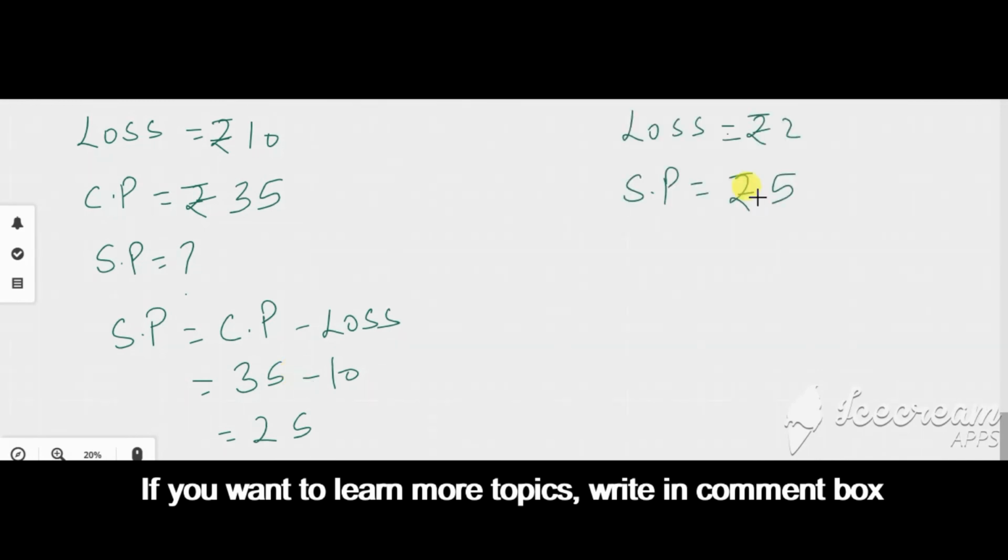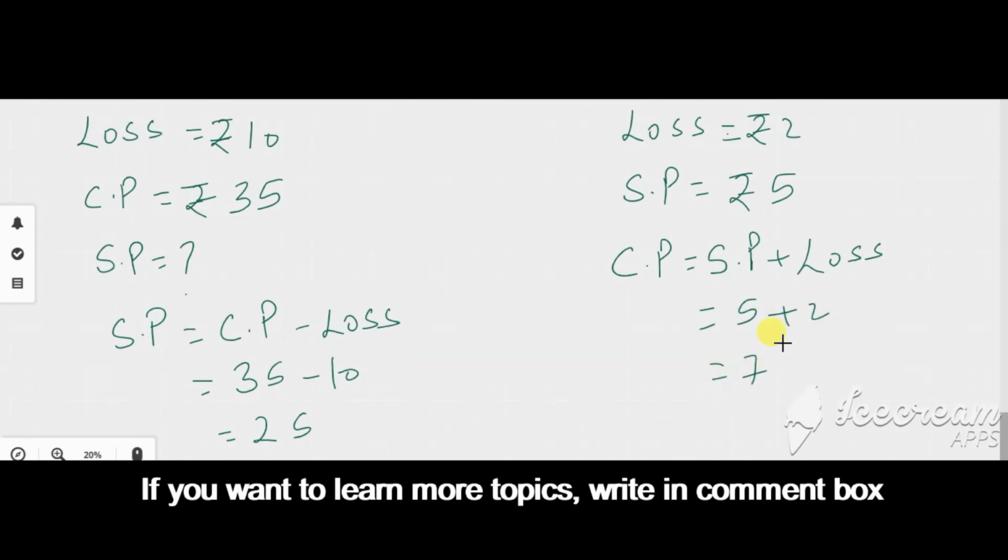Now we have one more example where the loss is given as rupees 2 and the selling price of that item is given as rupees 5. Now you have to find cost price. Remember what I told you, in case of loss CP is greater than SP. So how will you find CP? In this case you add SP and loss and you get the cost price. So 5 plus 2 is equal to 7.